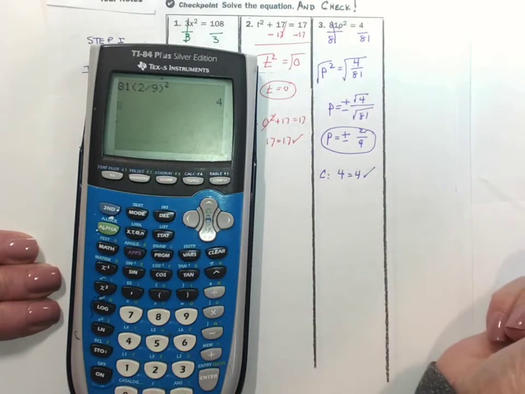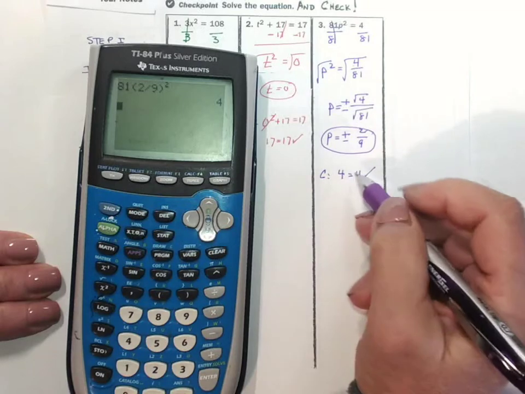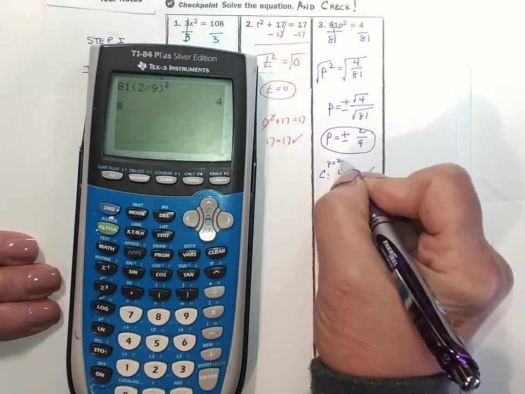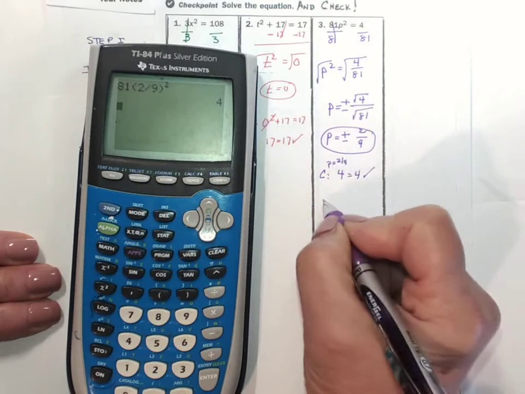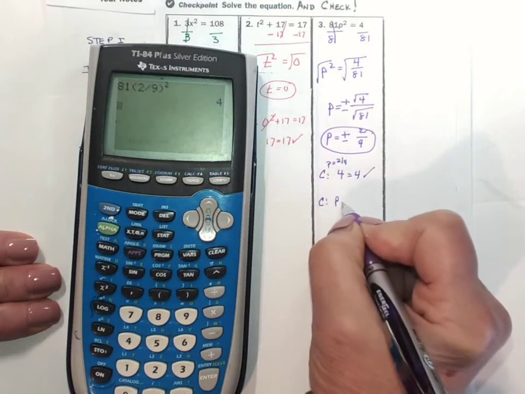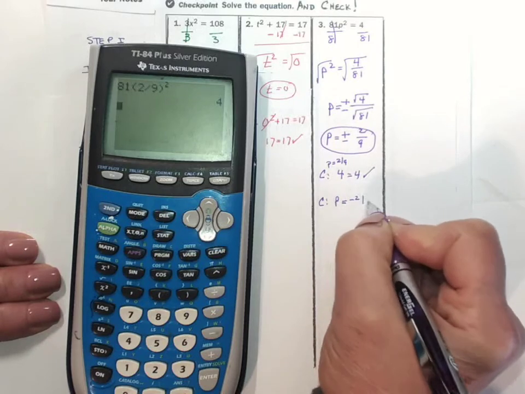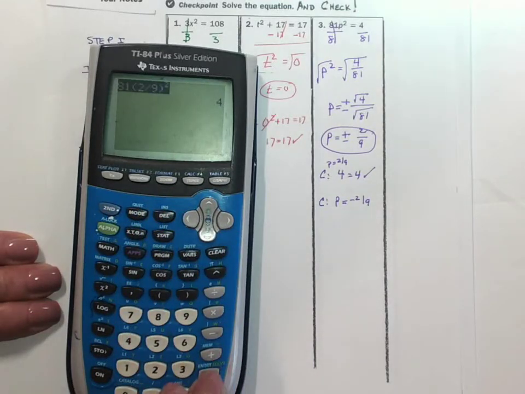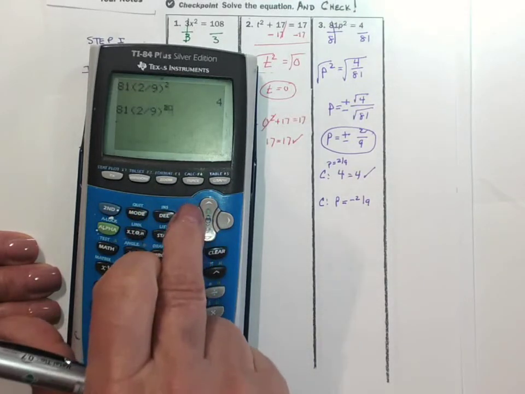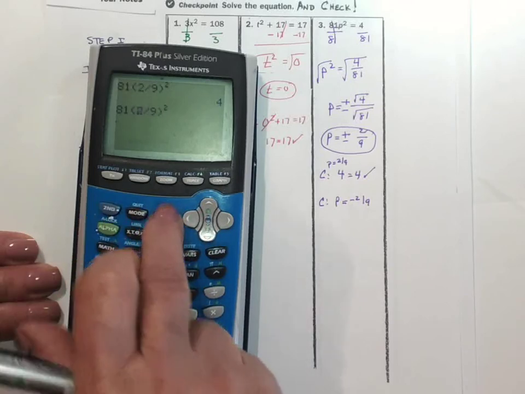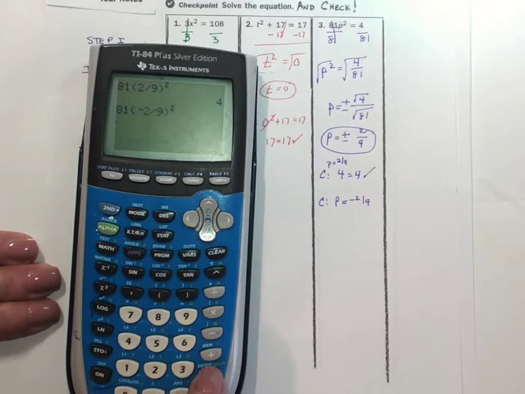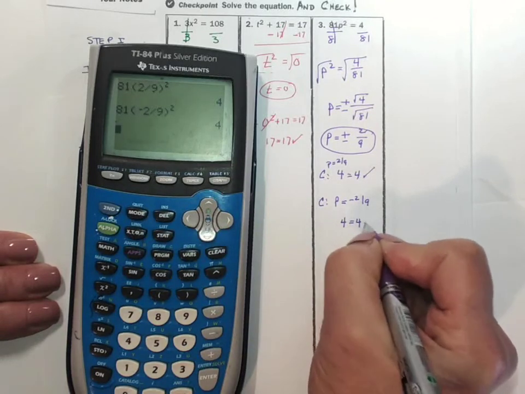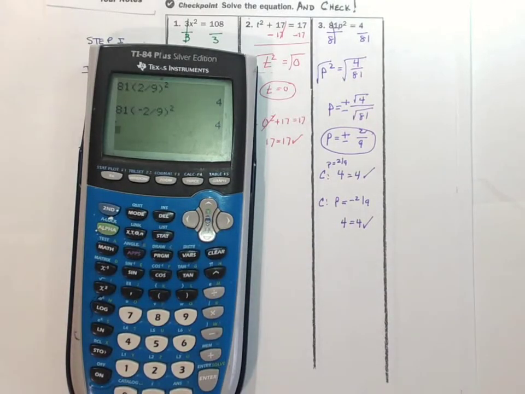So that's what I'd like to see on your homework, that you've shown that you've checked. That was p equals 2/9. And if I check p equals negative 2/9, if you have one of these nice calculators, you can insert that negative number. You can see that 4 equals 4, cha-ching, it checks.